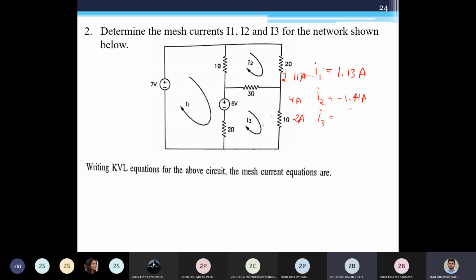Whenever you get a negative answer, it is not wrong. Suppose I find this loop current and get a negative answer, the direction will be reversed. That means the direction I have assumed for the current is actually in the opposite direction.